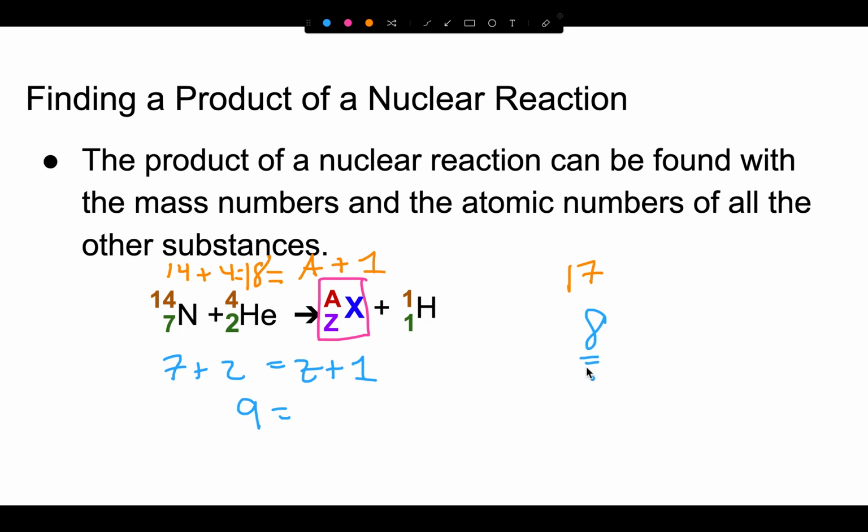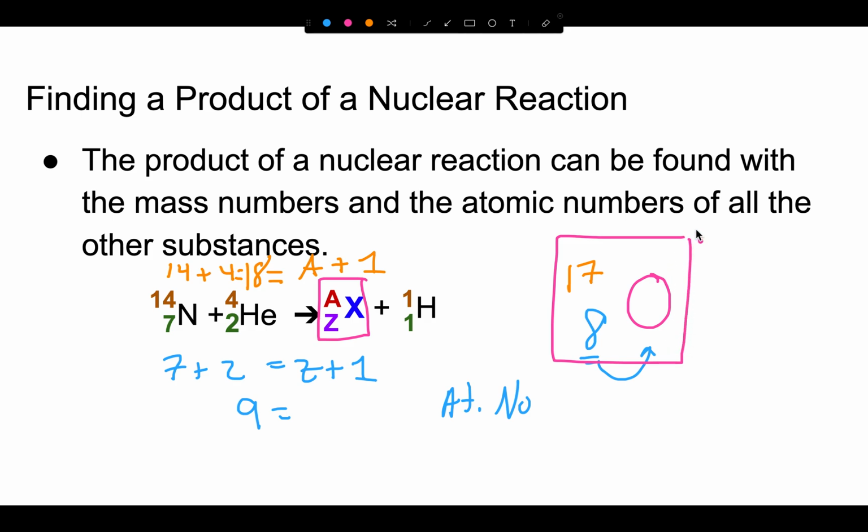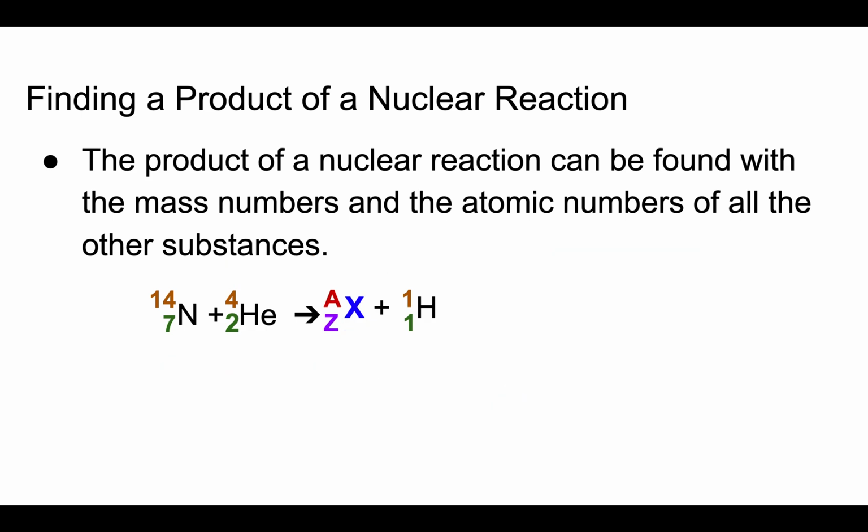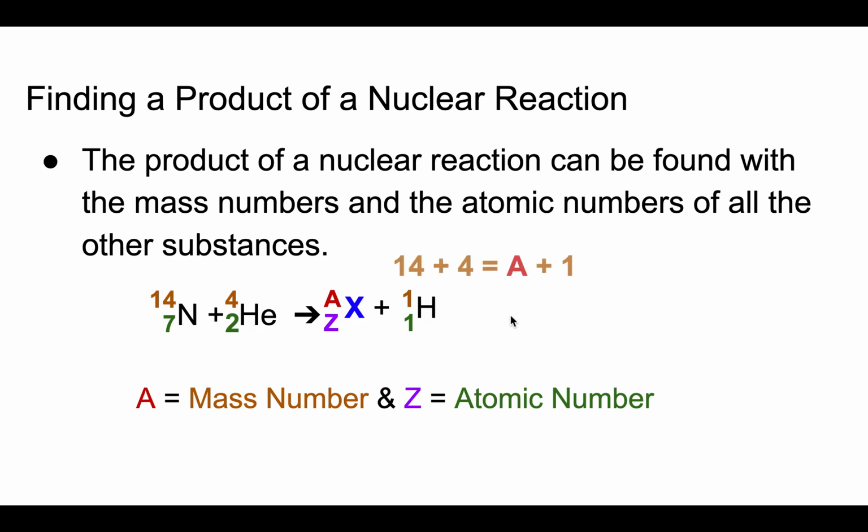Once we have z, the atomic number, I can use that to find the oxygen off the periodic table. And that's what you do. So this will actually be an answer on the worksheet. So if I ask you to find AXZ, then that's how you find it on the periodic table.